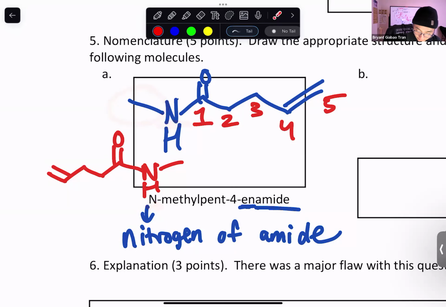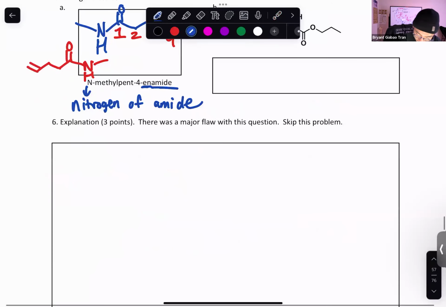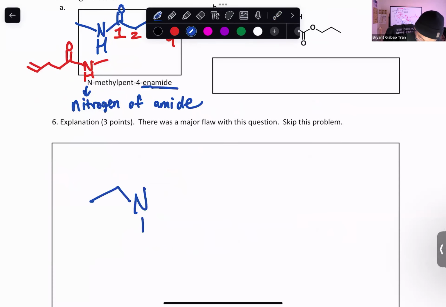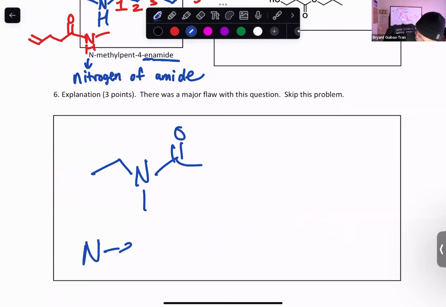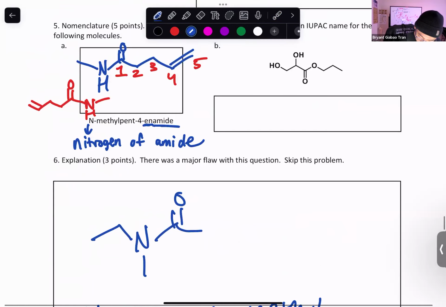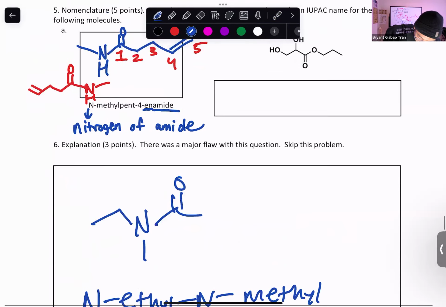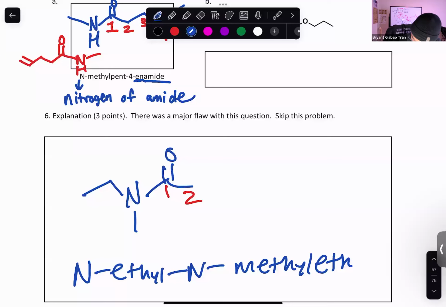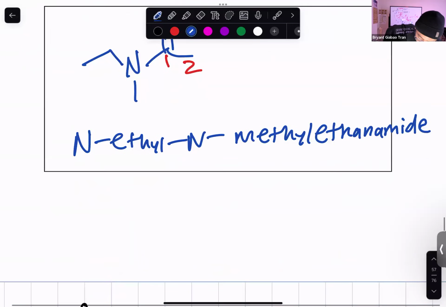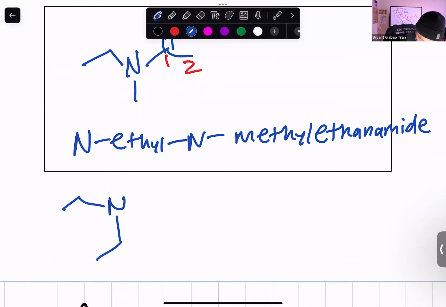If you see an amide that has two R groups, let me say something like this, you might see it like this: N ethyl, N methyl, and then whatever that whole thing is, which is carbon 1, carbon 2. That's ethanamide. Or if the N has the same R group, like let's say two ethyl groups, like that.